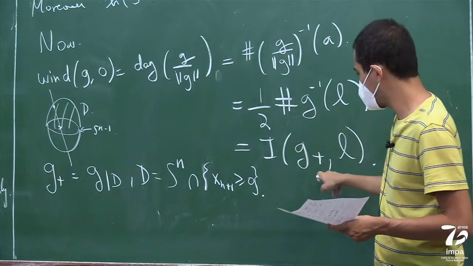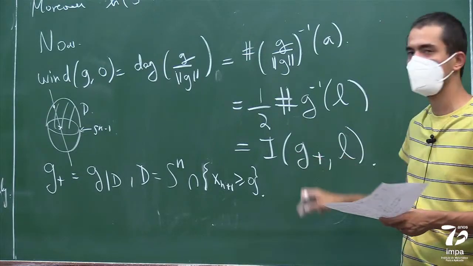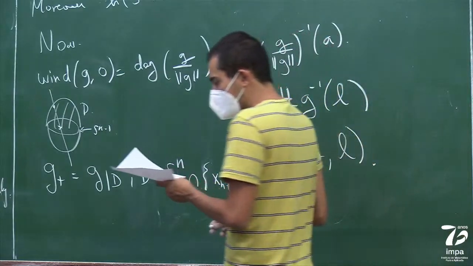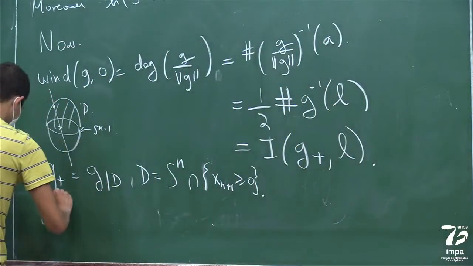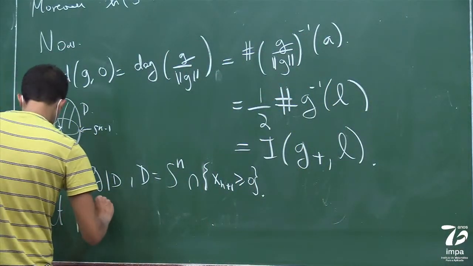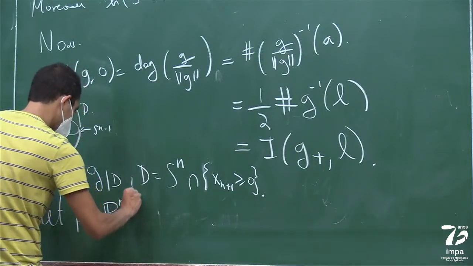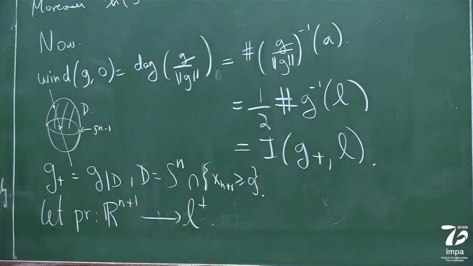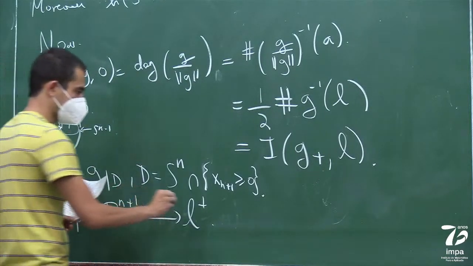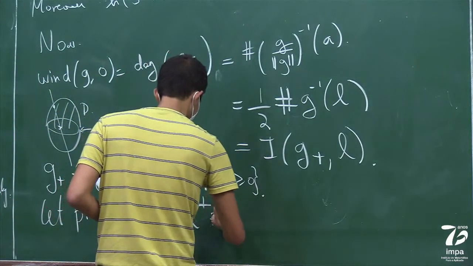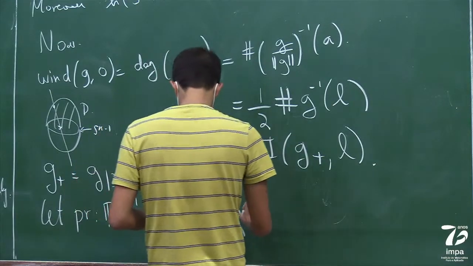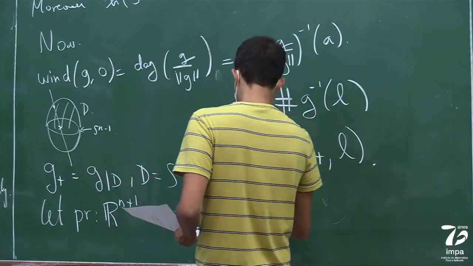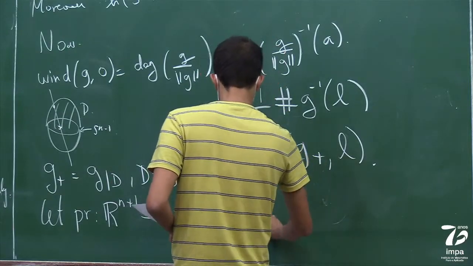And this thing is well defined, because L doesn't intersect the boundary of g plus. Now we can let PR denote the projection that goes from R n plus 1 to the orthogonal complement of L, which is isomorphic to R n. So let this denote the orthogonal projection.